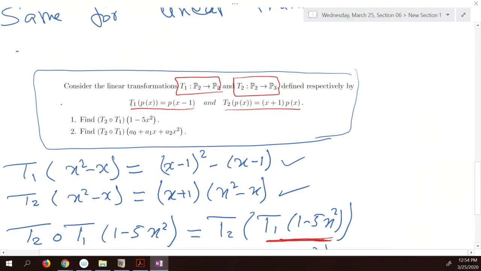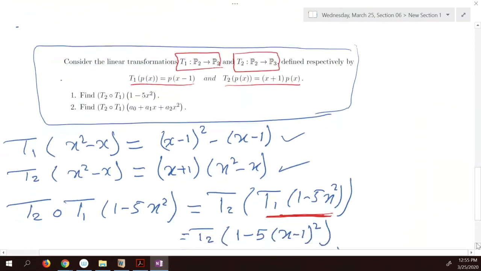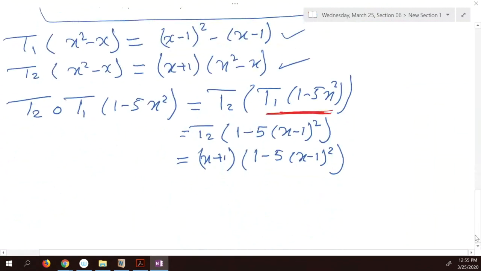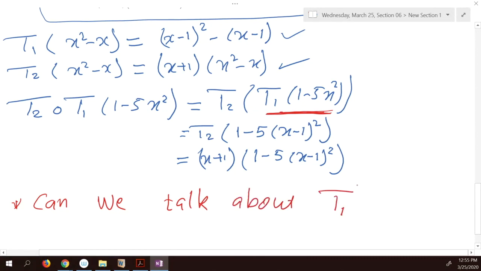T1, is T1 invertible? Can we talk about T1 inverse? Yes, because one-to-one function.